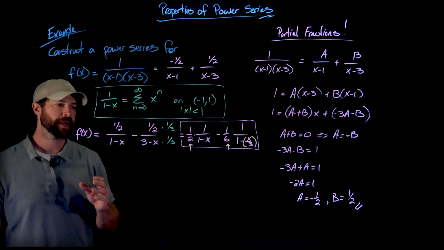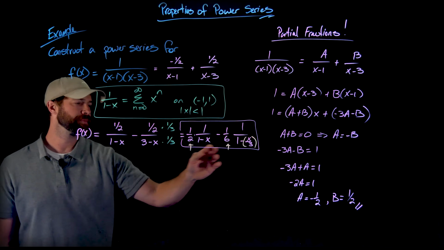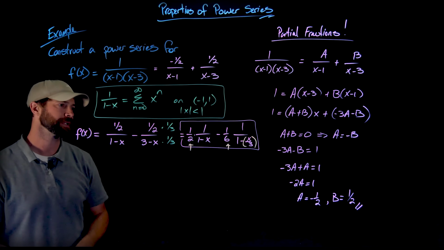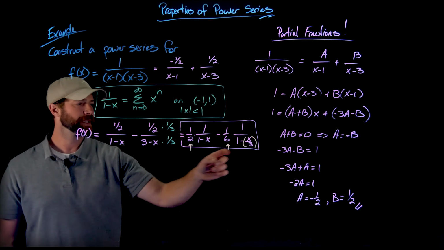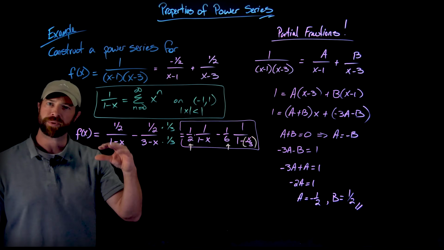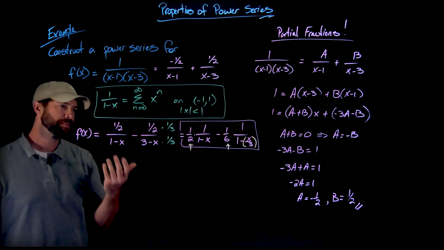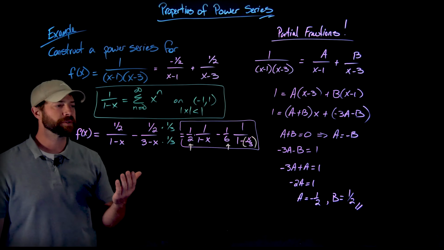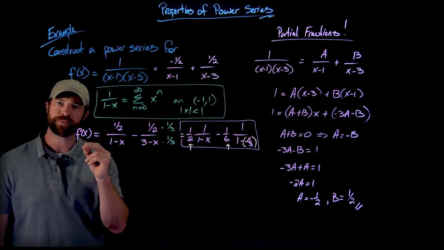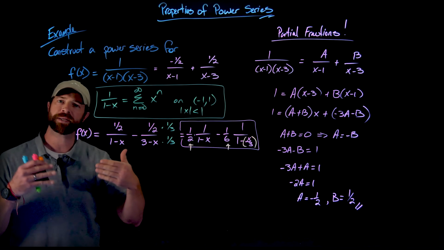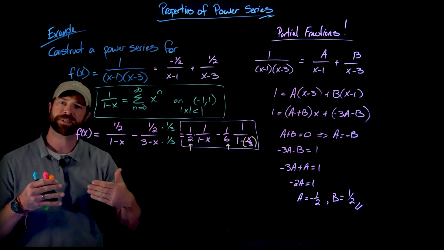Those two moves are using the second and the third properties of combining power series together. This composition is going to have an effect on the interval of convergence, and we'll talk about that in a second. But importantly now, I'm going to implement the first property, which allows us to add or subtract known power series or convergent power series together.